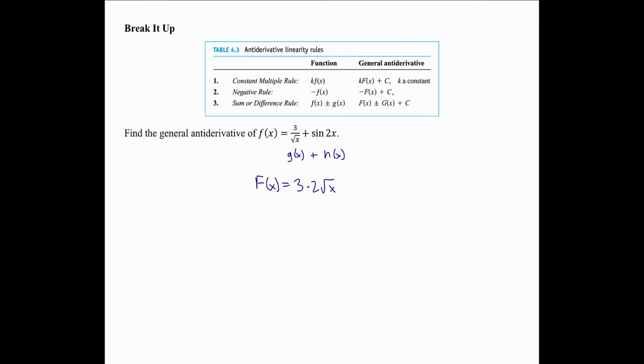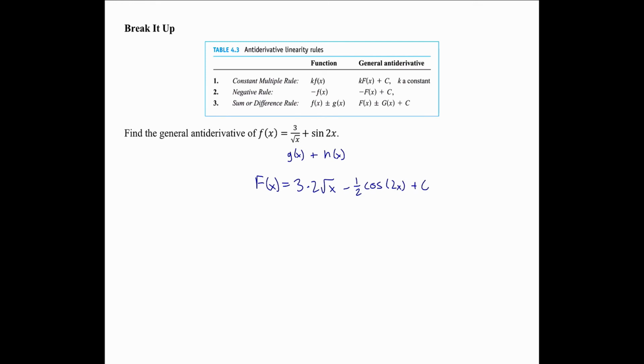We found the antiderivative of g of x on the previous slide. And then sine of 2x, well, that's just equal to minus 1/2 cosine of 2x, and then this is still plus a constant.